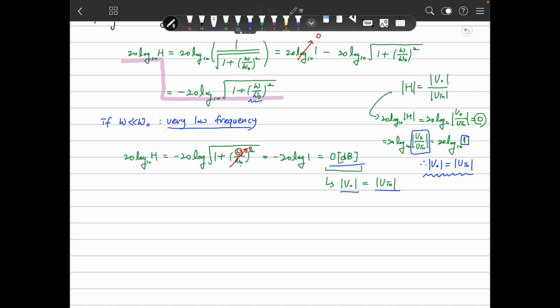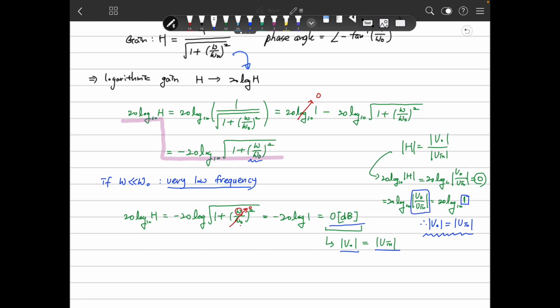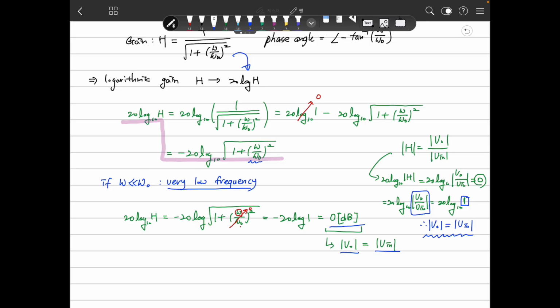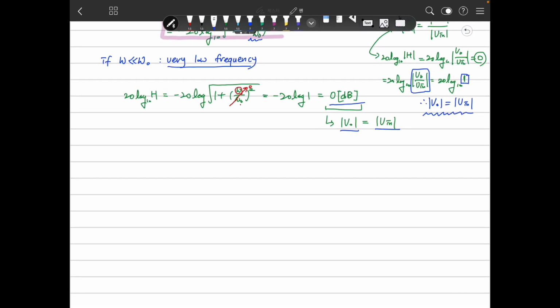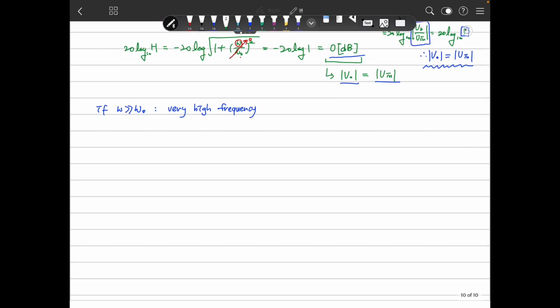But if omega is very high compared to omega 0, I mean very high frequency compared to omega 0, then you need to do different things.